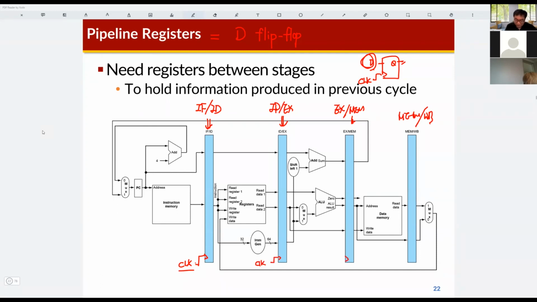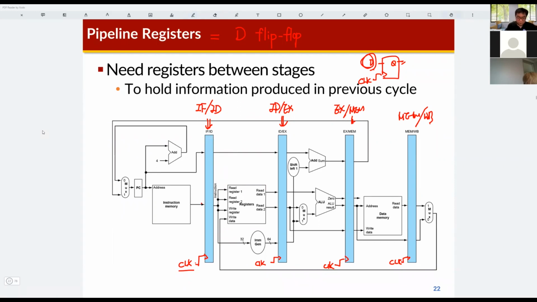Clock here. And what is the input of these pipeline registers? These become the input. And what is the output? This is the output, right? So this is the D, and this is the Q of the D flip-flop.